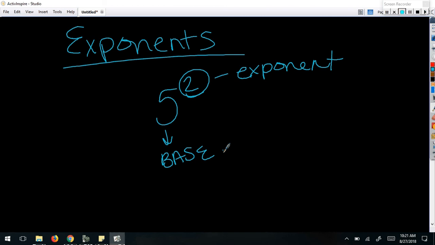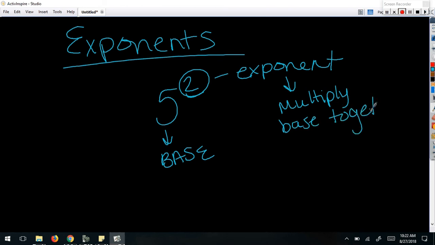Now tell me this, because several of you were trying to get this out whenever I asked you what an exponent was. What does an exponent tell us to do? It's times the base, but it's many times. That's exactly right. Multiply the base together this many times.